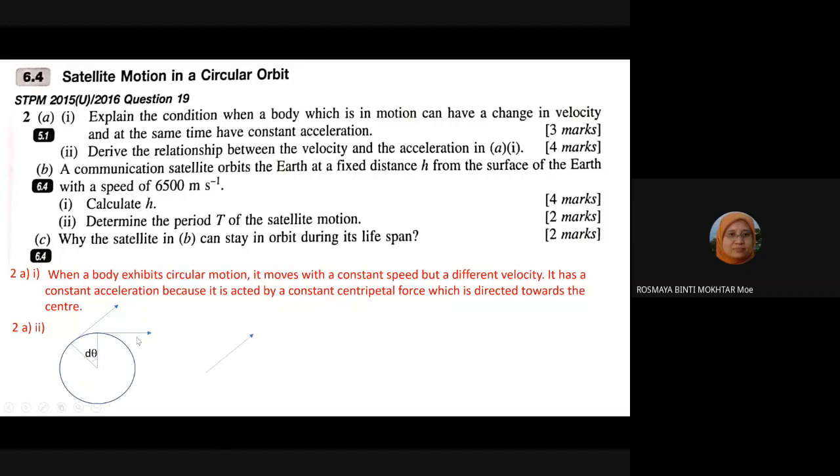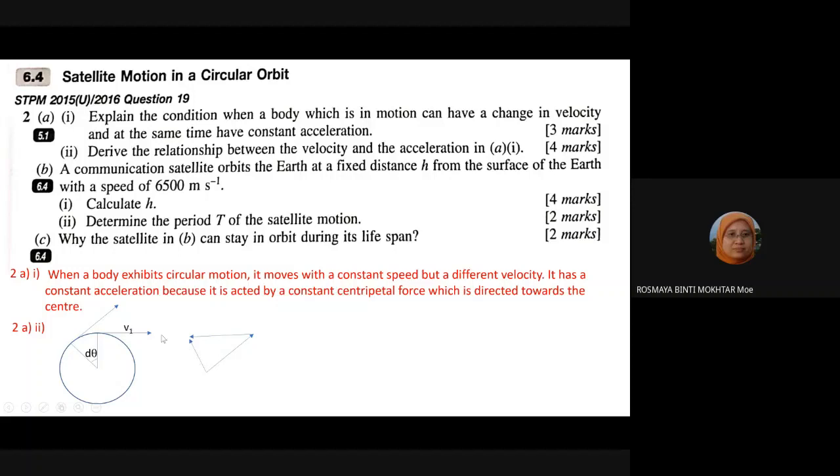So we use a vector diagram. This v is the direction of the speed. We draw the vector diagram without changing the direction. If the direction is this way, you follow this way; here, you follow the opposite, because we are going to find the change in velocity. So the change in velocity will be in this direction.